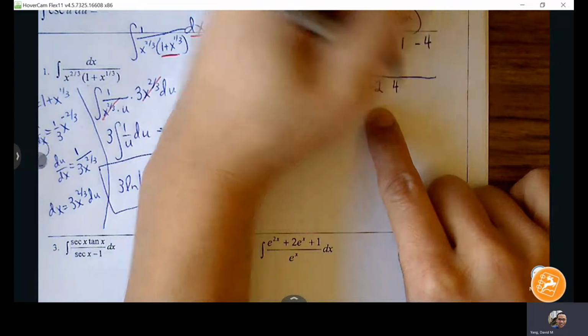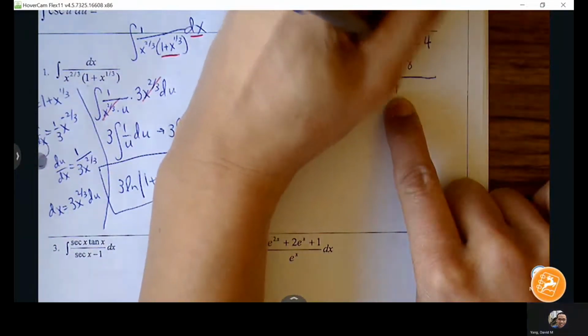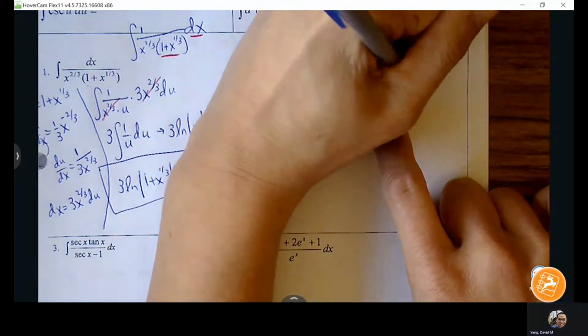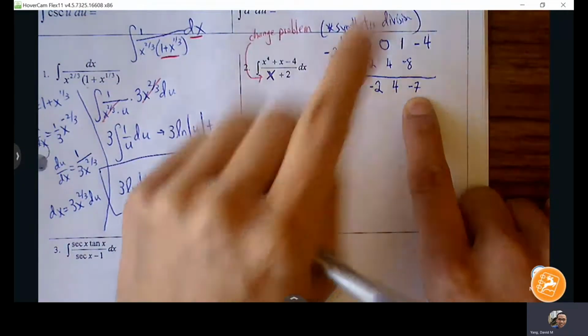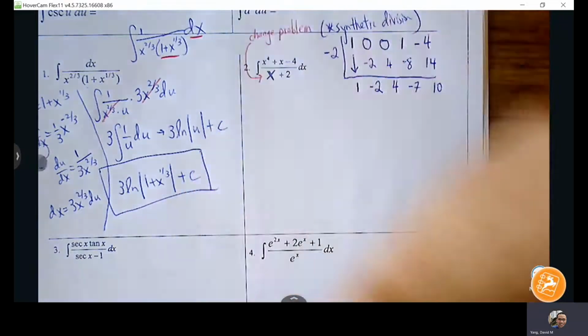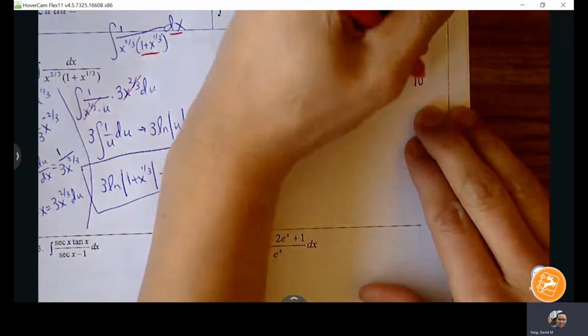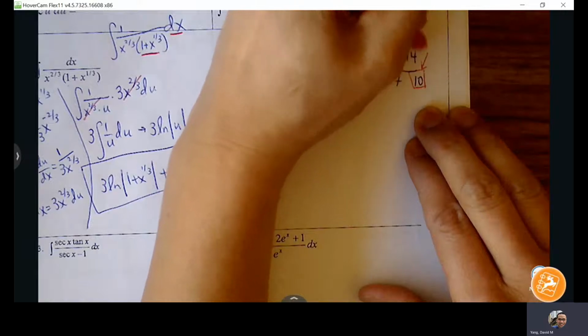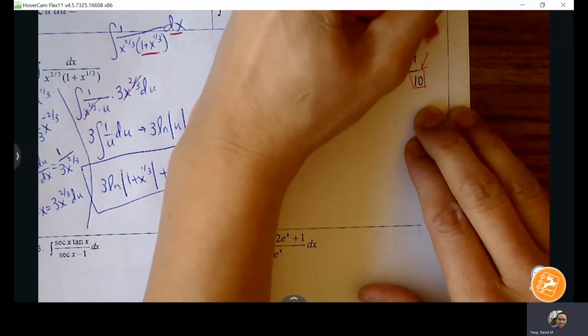Add again. 4 times -2 is -8. Add. -7 times -2 is 14. Add. So if there's a number other than 0 that shows up at the end, you know you're staring at a remainder. We always get a remainder. Most likely, yeah.